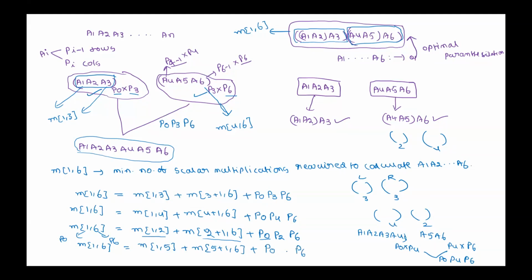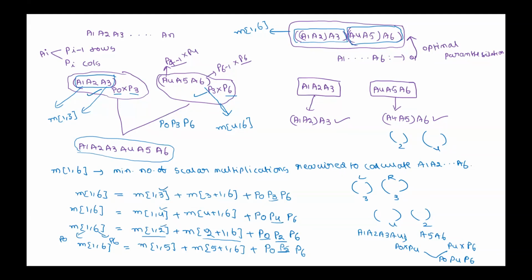P0, P6. But here, what is the value we get? P5. Is that correct? Now see, this P2 is this 2, this P4 is this 4, and P3 is this 3. Is that correct?